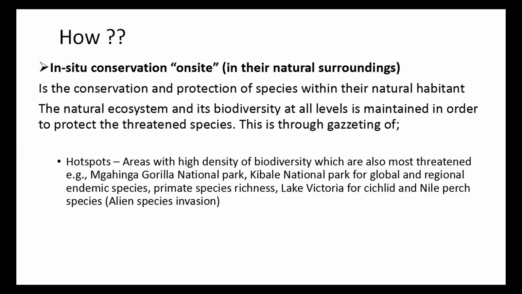So you make sure you protect them. They are not poached, they are not hunted, to keep them the way they are, to maintain our biodiversity. That is in situ. Thank you. We can move to another slide.